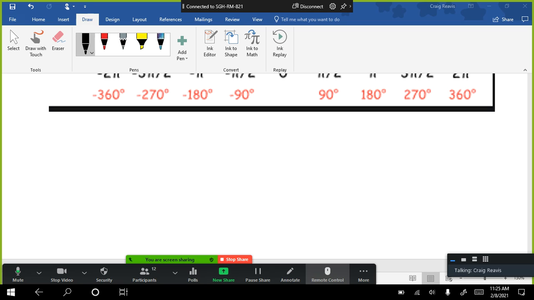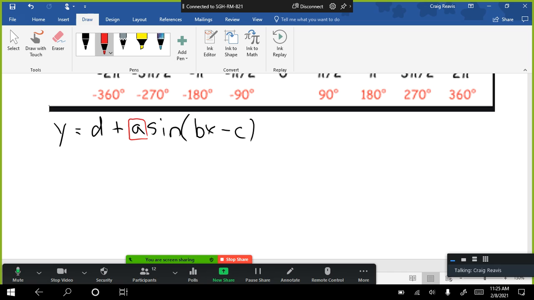All right, so what we talked about the other day, based off of, and let's just look at the sine curve right now. y equals A sine of Bx plus D. What we said the other day is this: whatever is multiplied out in front of the sine or the cosine tells us the amplitude.